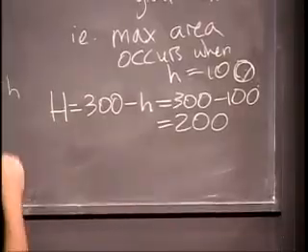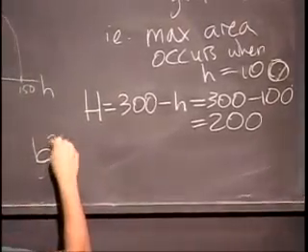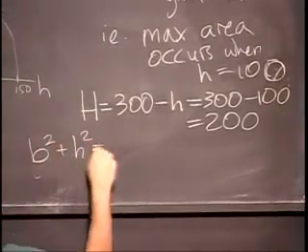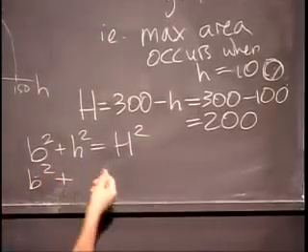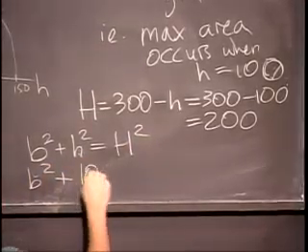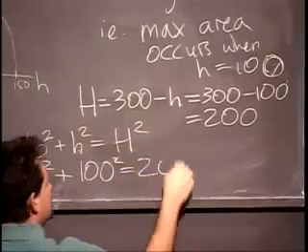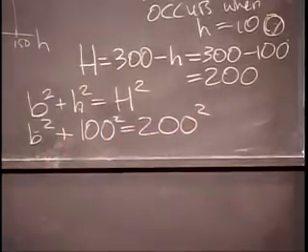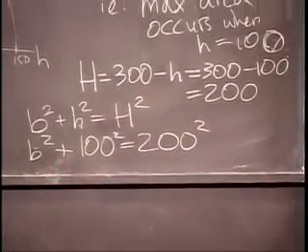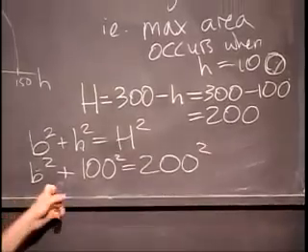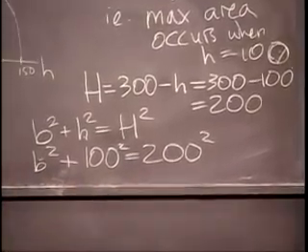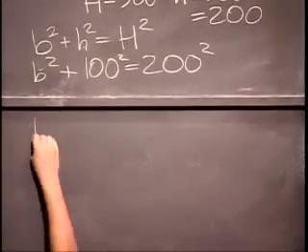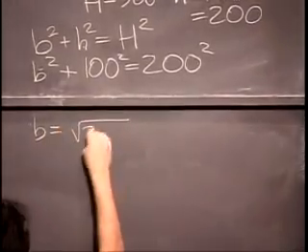And we have b squared plus h squared equals capital H squared. So this means b squared plus 100 squared is 200 squared. Don't let the hundreds worry you too much. Think of this as b squared plus 1 equals 4. So b actually works out to be root 300.